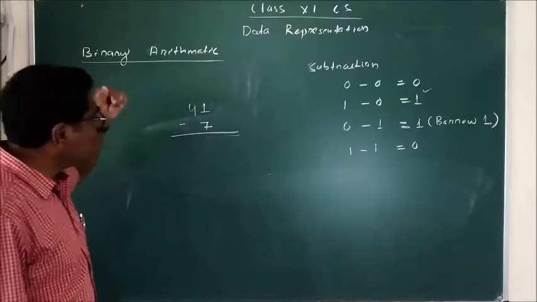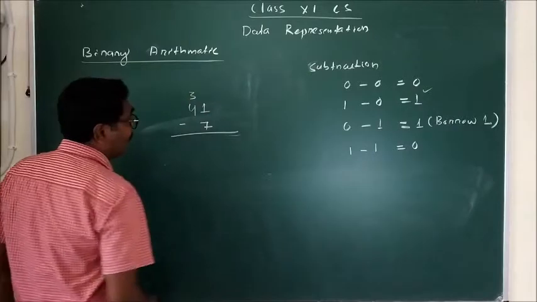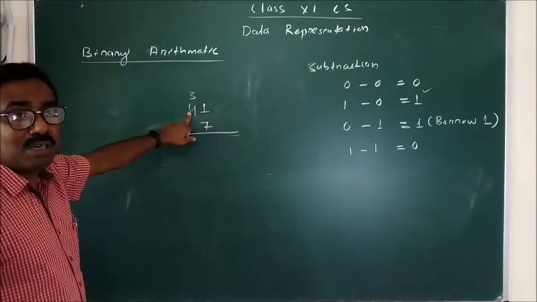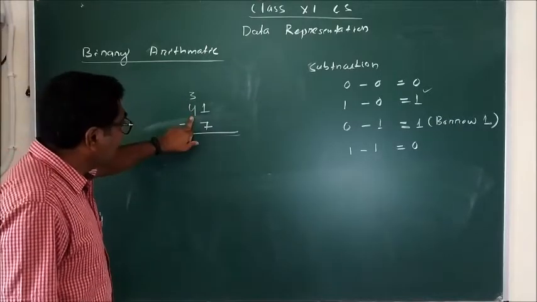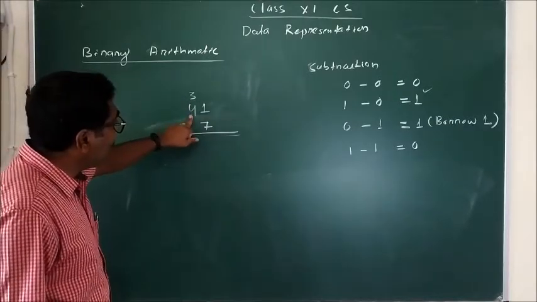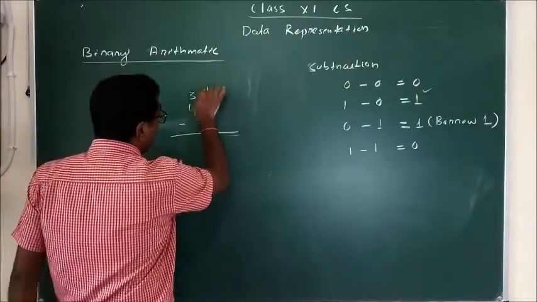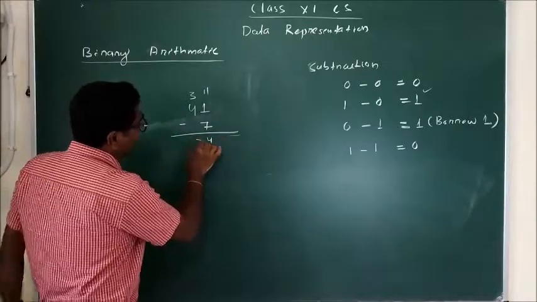If we take a borrow from this place, this becomes 3. I am taking 1, but this is the tens place number, so it becomes 10 here, which means this number now becomes 11. So 11 minus 7 is 4, and this is 3.